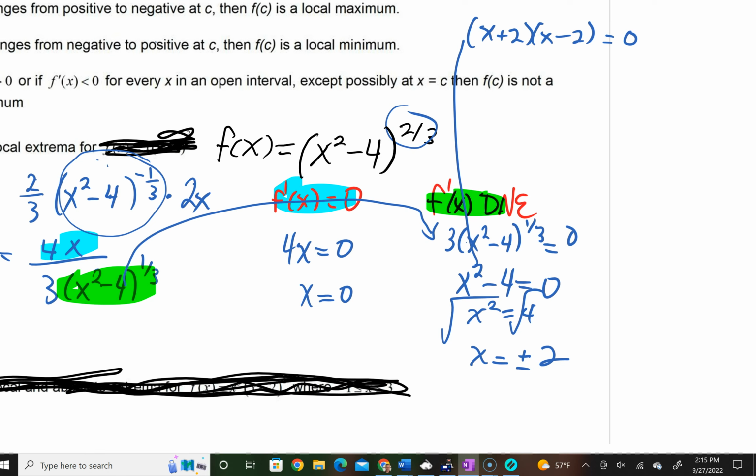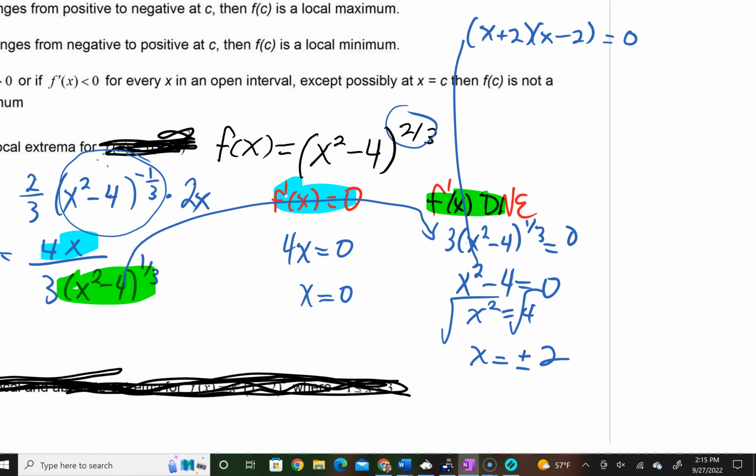So as we were speaking earlier, these critical numbers are here. Maybe it's a maximum point like I had on the board. Maybe it's a minimum. But then again, maybe it's this crazy situation where it actually is neither. Just because your derivative is 0, just because your derivative is undefined, does not guarantee that you will have a local max or local min. You've got to do some work.